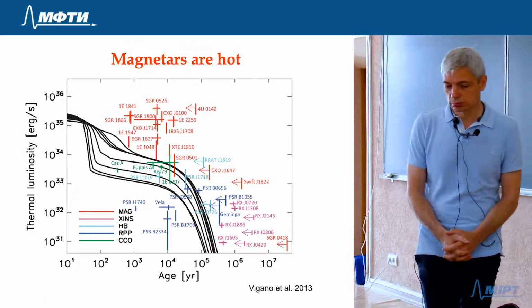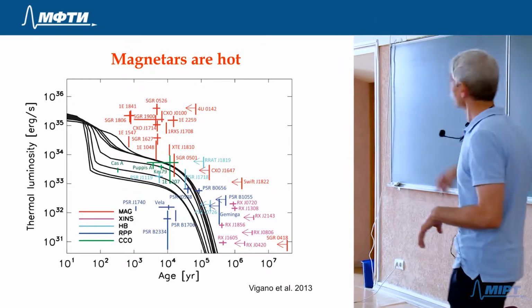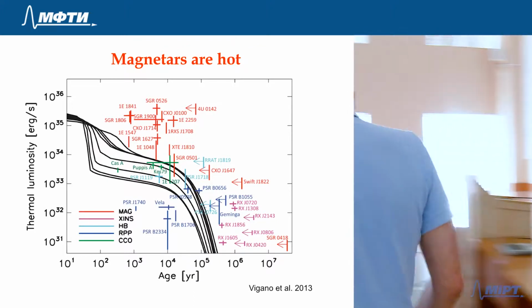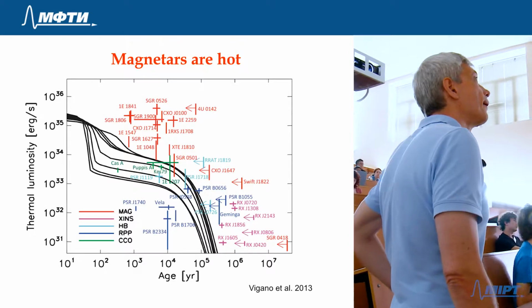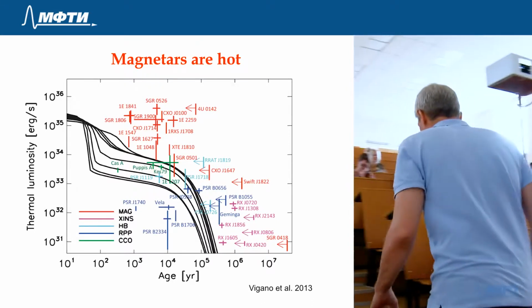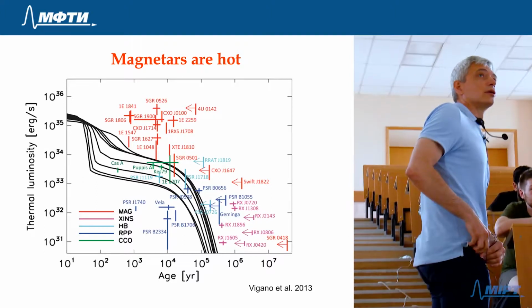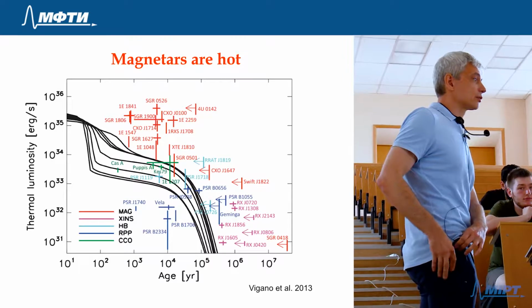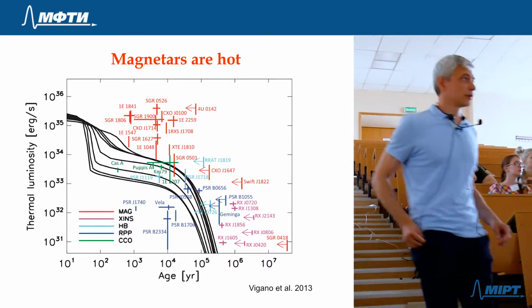And just from these observations, magnetars here are shown in red. I hope you can see something on the... Not really, right? You see something red and some black curves, but... Yeah, they're hot, yeah.